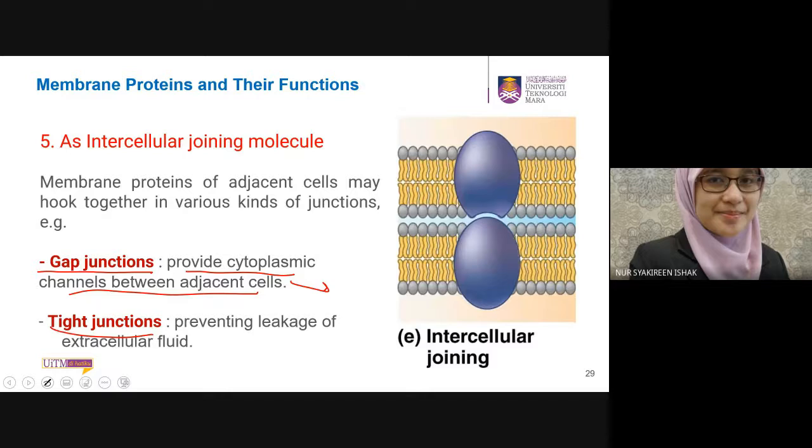And then tight junction, to prevent leakage of extracellular fluid. So you have one cell, and then another cell, and then another cell. The presence of this tight junction attaches these cells together and prevents extracellular fluid from leaking in between these cells. So that is the function of tight junction.